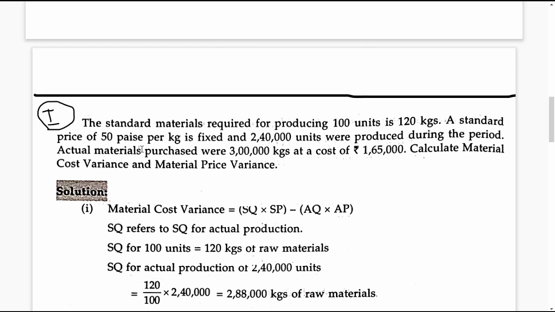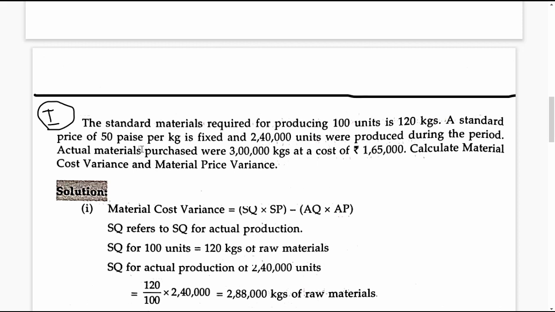If you look at the details of this problem, the standard quantity of raw material permitted for producing 100 units of the finished product is 120 kgs, and the standard price per kg of raw material is fixed at 50 paise. They have actually produced 2,40,000 units.